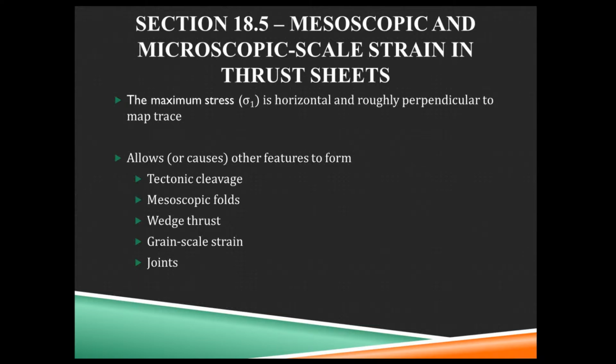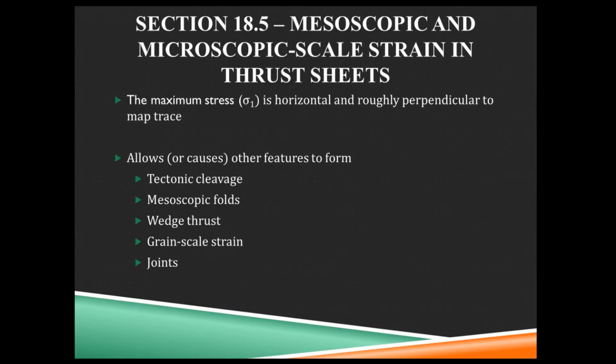The maximum stress, sigma 1, is horizontal and roughly perpendicular to the map trace. That's because we have a horizontal stress that's causing this compression and thrusting. If sigma 1 were not horizontal, if sigma 1 were vertical, for example, we wouldn't get thrusting. Now, the perpendicular to the map trace, I'll show you in a moment.